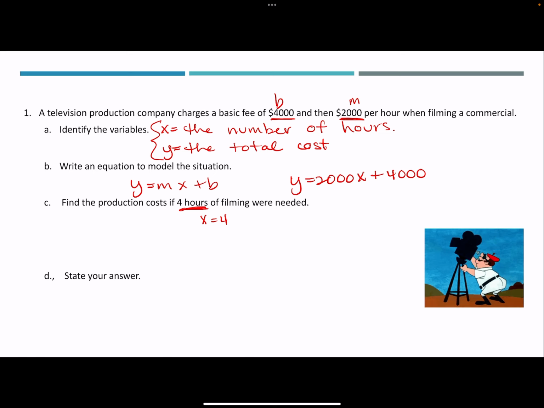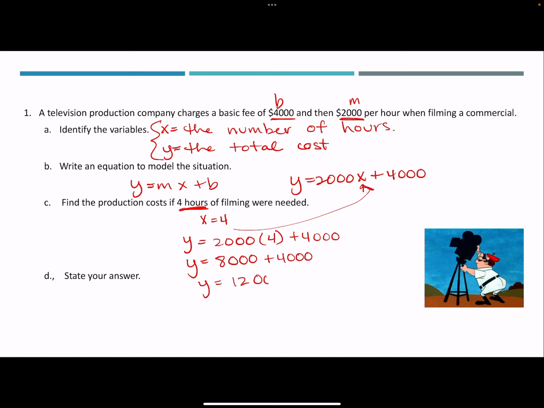I need to find Y. So I'm going to take my equation, plug in 4 for X, and then solve for Y. Y is equal to 2,000 times 4 plus 4,000. Now, 2,000 times 4 is 8,000 plus 4,000. You should be using your calculator here, but I get 12,000. Remember, Y is the total cost.